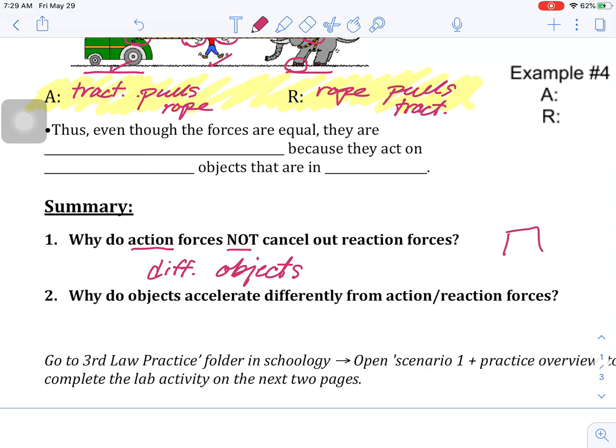Like we mentioned in the notes, our free body diagrams that we did last week, we said those forces could cancel because they were happening to the same object or one thing. Right? But here it's happening to the tractor and the rope, so they can't cancel each other out. And we know then the objects accelerate differently because each object has a different mass.